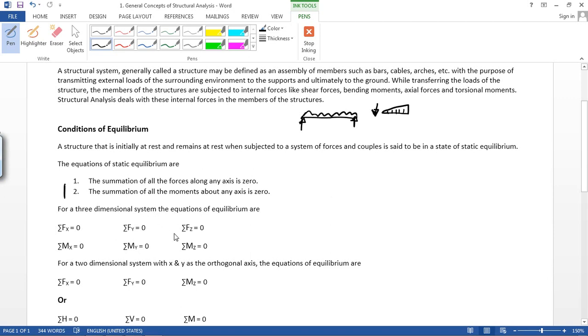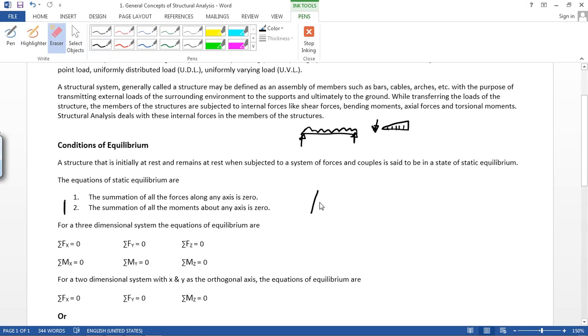For three-dimensional system, let's draw a three-dimensional system. X, Y, Z. In the three-dimensional system, all forces in x direction is equal to 0.